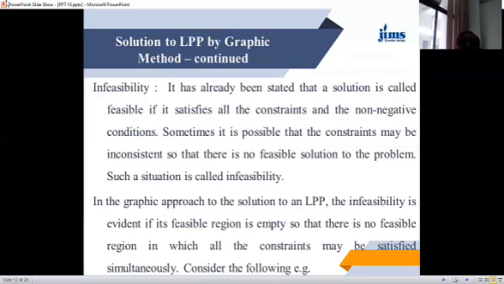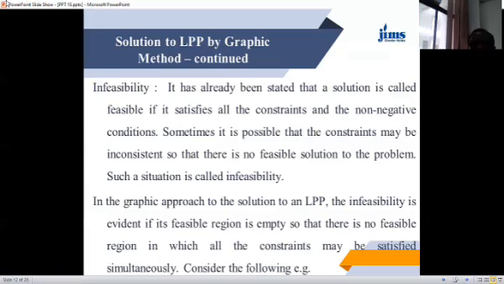Sometimes the constraints may be inconsistent, so that you do not get any feasible solution to the problem. Such a situation is called infeasibility. In the graphical approach, the infeasibility is evident if the feasible region is empty.